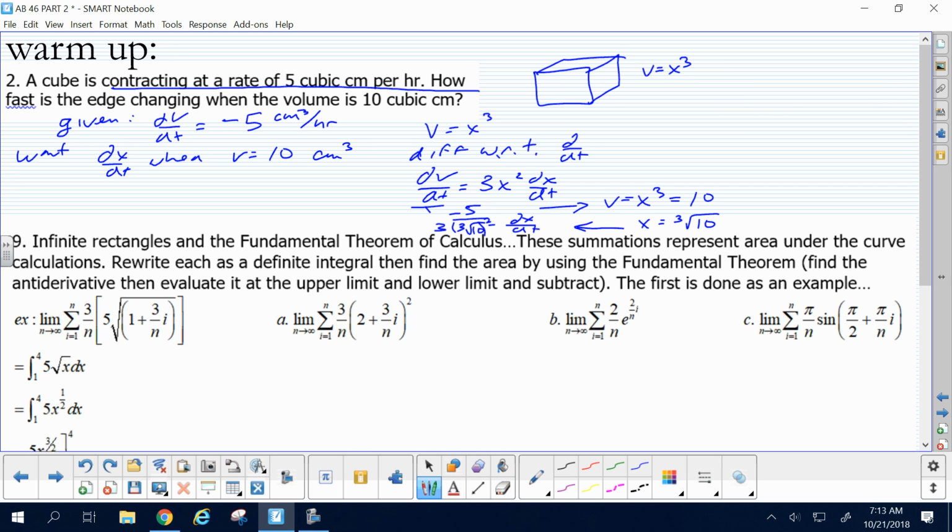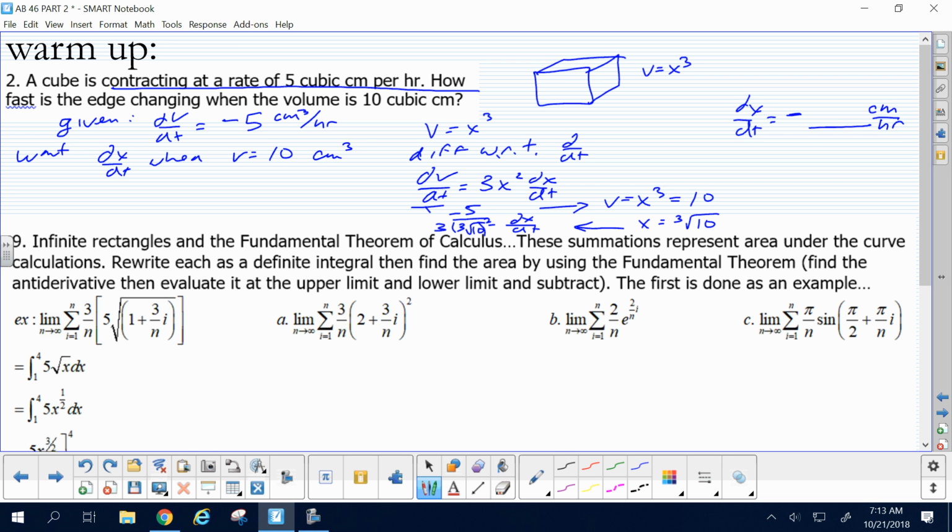I can calculate that and attach the appropriate units. x is obviously going to be decreasing. If the volume is decreasing, the edge is decreasing. Whatever your decimal answer is, and the units, because x is a length, the units of length changing over time would be centimeters per hour. Right? That's what we did the other day.